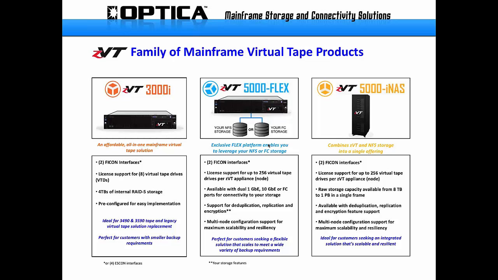So we can scale this from 8 terabytes of storage all the way to 1 petabyte in a single frame or on a single floor tile, from a raw storage perspective. And then, of course, this supports all the advanced features as well: dedupe, replication, encryption, etc. All right, so we have an offering here that we think matches just about any requirement that you may have.